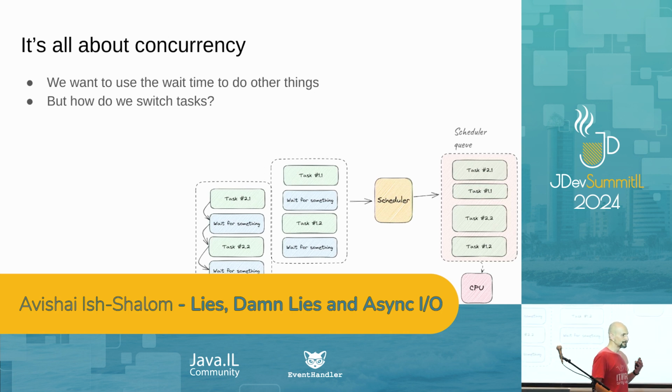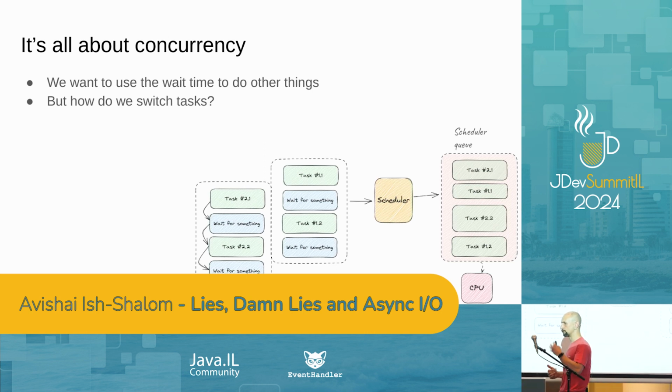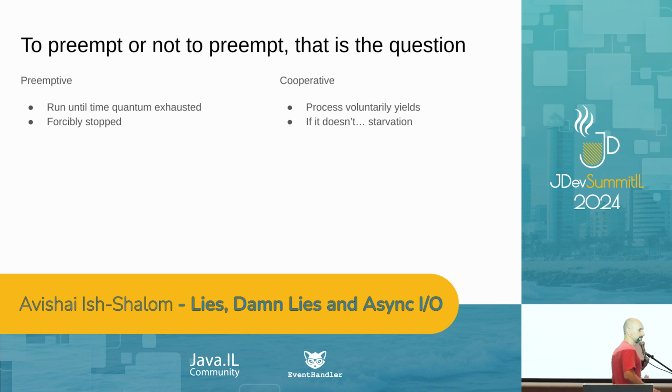So there is one question that is very fundamental for this kind of scheduling, which is how do we switch between tasks? How do we tell one task it needs to stop or pause or complete before we can put another task on the CPU? And there's basically two ways of doing that. One of them is preemptive multitasking, and the other one is known as cooperative multitasking.